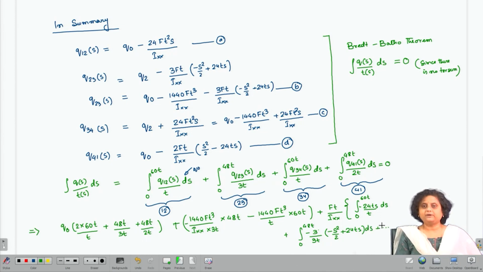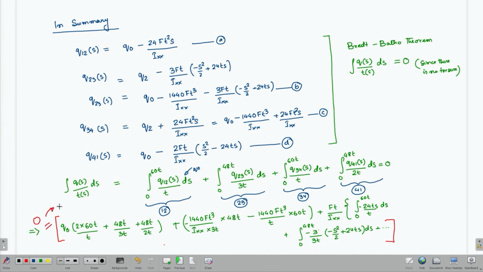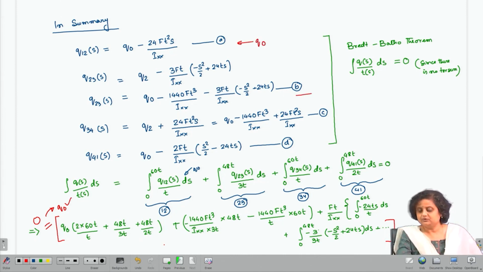I am not completing the entire expression because it is very lengthy, and this whole expression can be equated to 0, and this will give us the solution for Q0. Once we find the solution for Q0, we can substitute it back into these expressions and get the entire shear flow in the cross section.